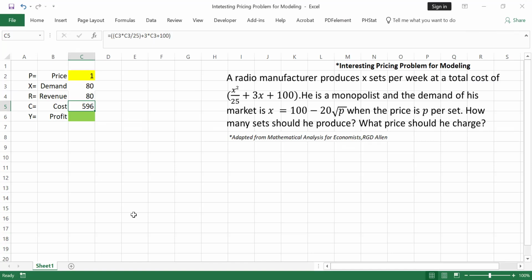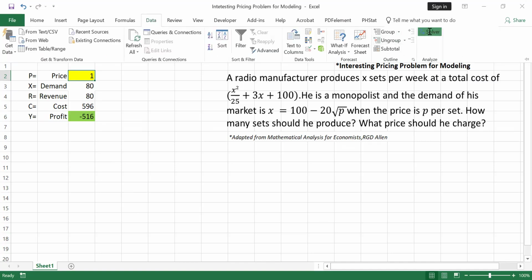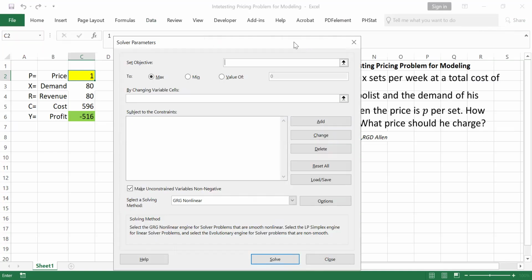Now, Y is equal to profit. Profit is equal to revenue minus the cost. And a negative number appears, doesn't matter, it's a trial value. Everything we have entered by formula except this cell, price, which is to be varied, where we put the number 1. Now let's move to Solver, Data, Solver. Let's model this now.